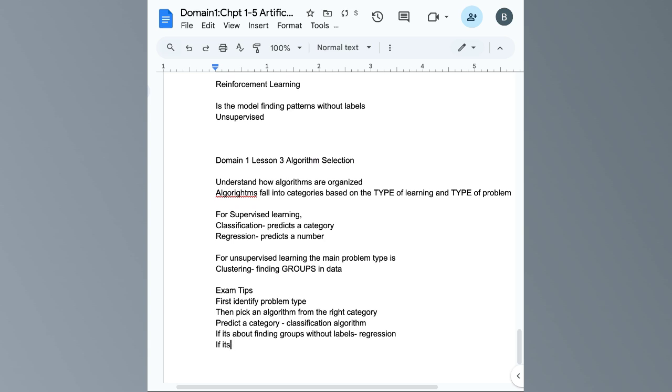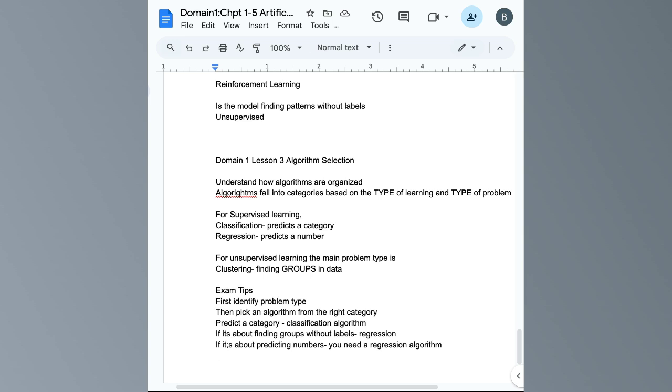If it's about predicting numbers, you need a regression algorithm. Never pick a clustering algorithm for a classification problem. Never pick a regression algorithm for a clustering problem. Why? Because a regression algorithm only deals with numbers. Clustering problems have no labels, so they are just natural data.